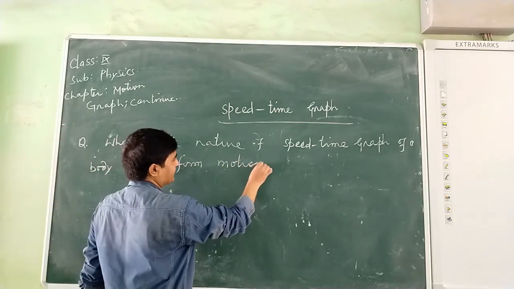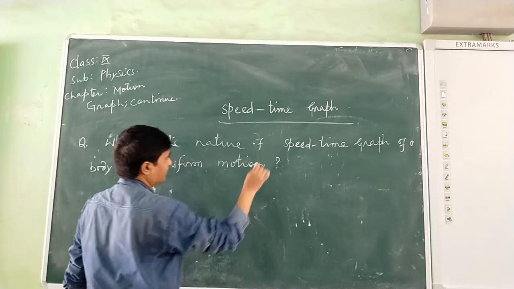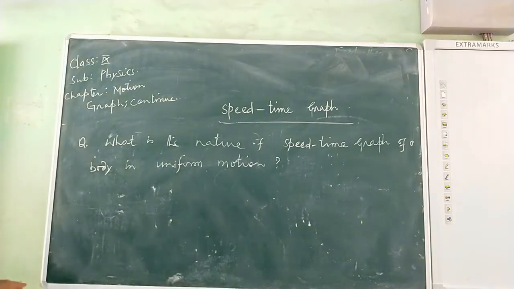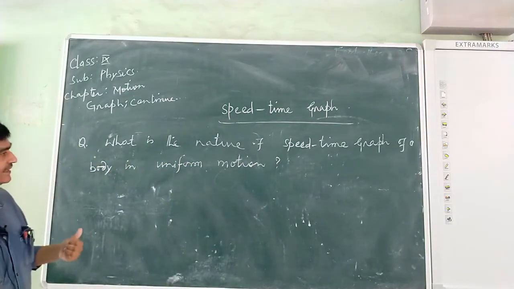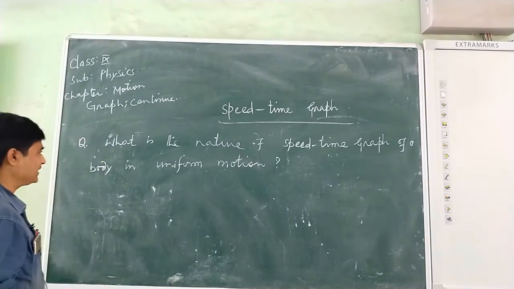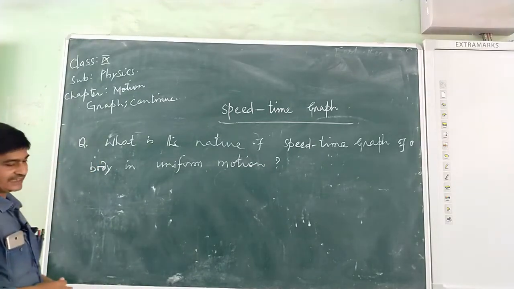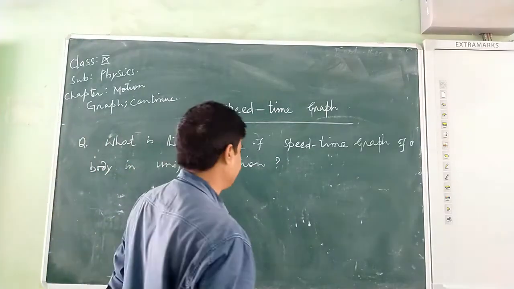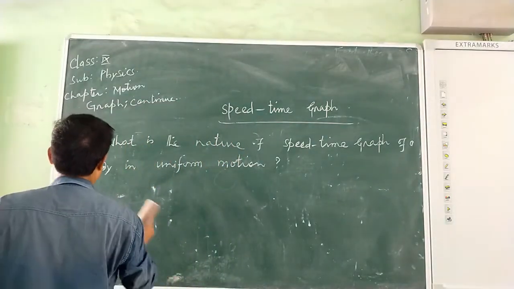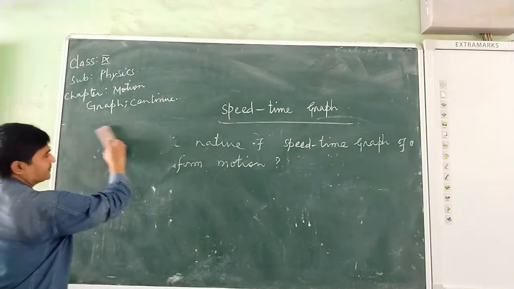The answer is that the nature of a speed time graph of a body in uniform motion is a straight line parallel to the time axis, as we have seen in the graph drawn.